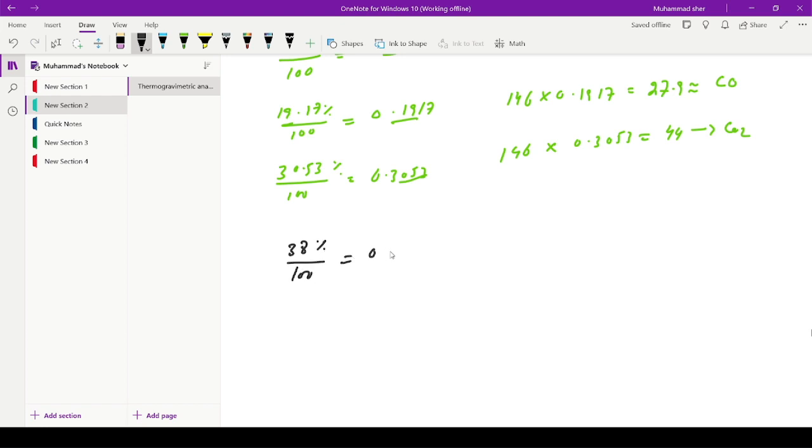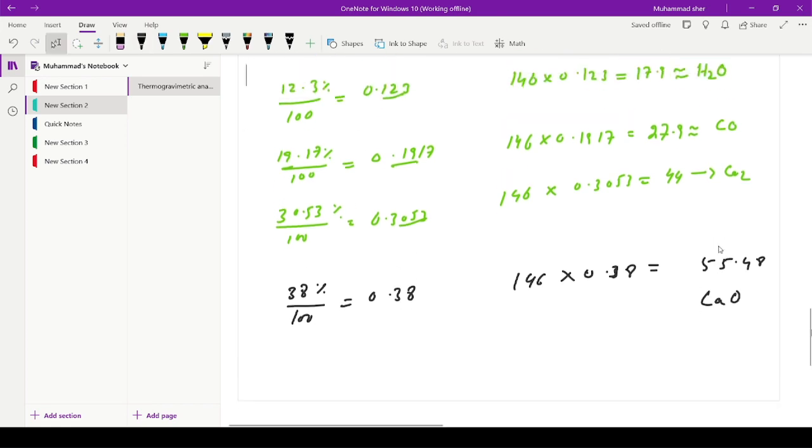We find that it is 0.38, and multiplying 0.38 by 146 gives 55.48, which is the molecular weight of calcium oxide.